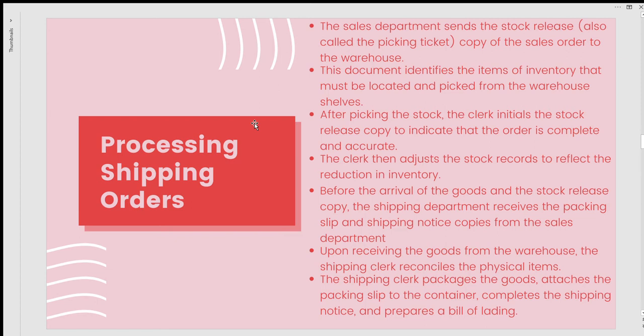So, dito, sa processing shipping order, yung sales department ay magsasend sa warehouse ng stock release copy or ng picking ticket. Yung stock release copy ay po-provide ng formal authorization sa warehouse clerk na magre-release na sila ng order. After makuha yung stock, yung warehouse clerk will update the stock release copy para ma-indicate na yung order ay complete at accurate na.